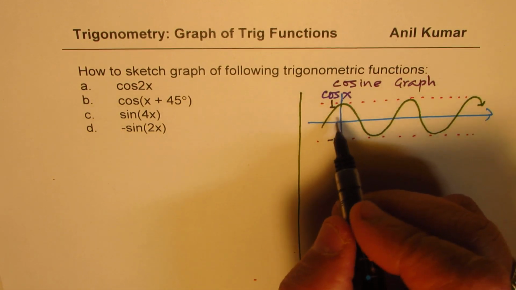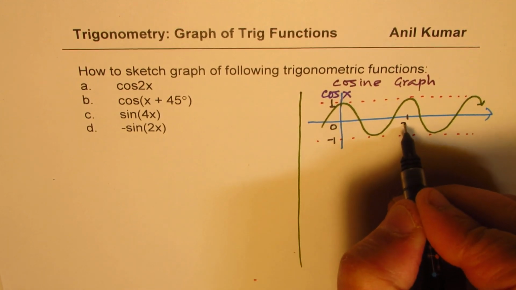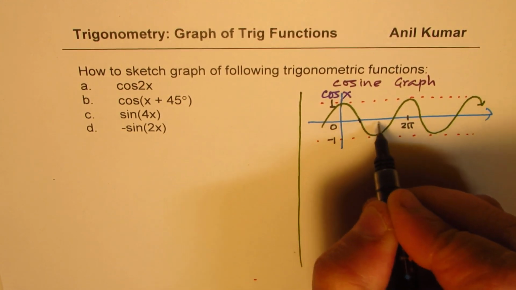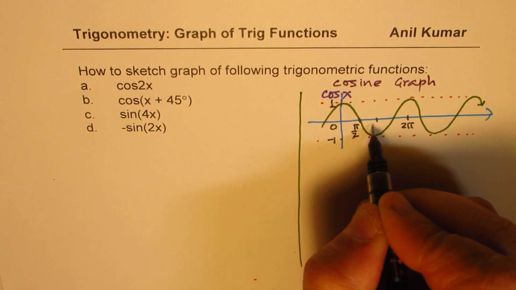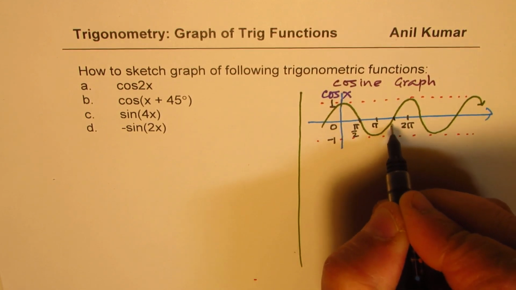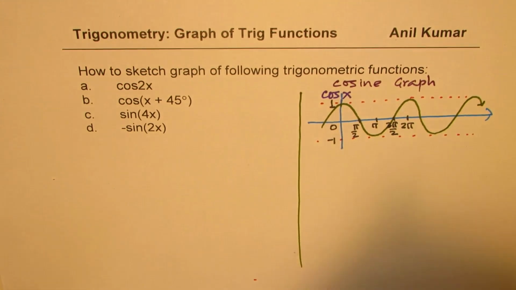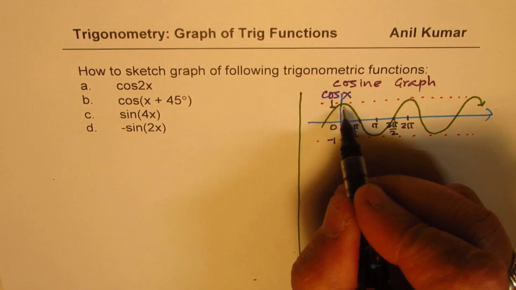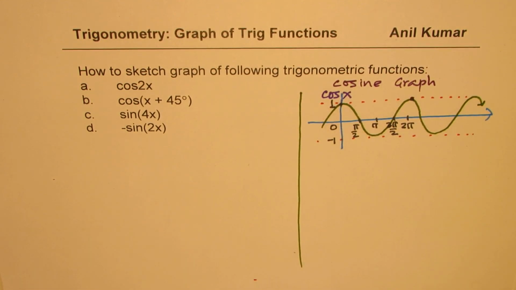Now the time period for the cosine wave is 2 pi. It starts with 0, that is 2 pi. These are pi by 2 intervals: pi by 2, 2 pi by 2, and this is 3 pi by 2. So that's your cosine function, the starting of one wave and the ending of it.